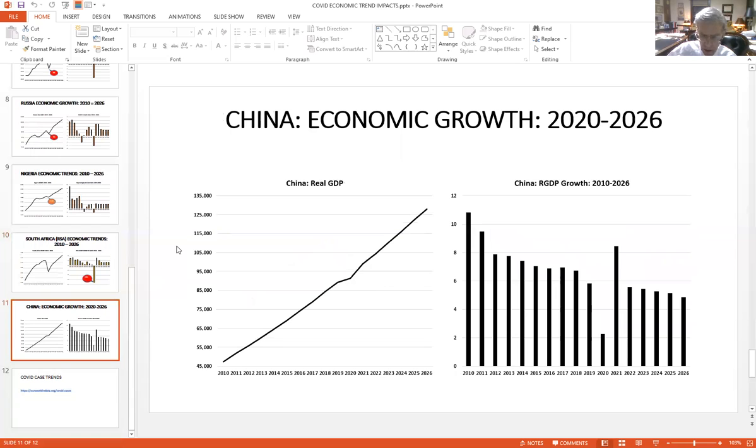So here's just to finish off China. And as you can see, China was the first to realize the problem because that's probably where it began.